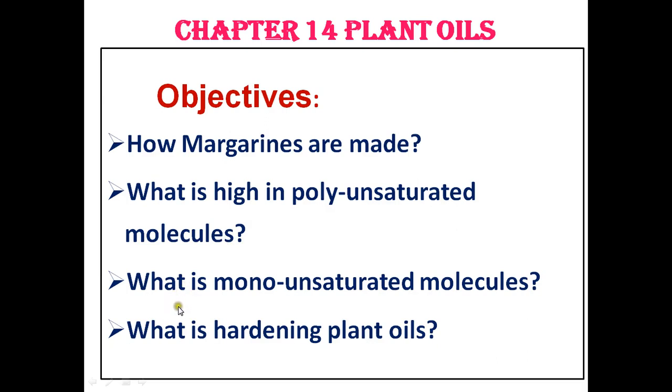The second is what monounsaturated molecules are, and the third is what hardening plant oils is. These are the objectives of today's lesson. So let's continue the lesson with margarines.